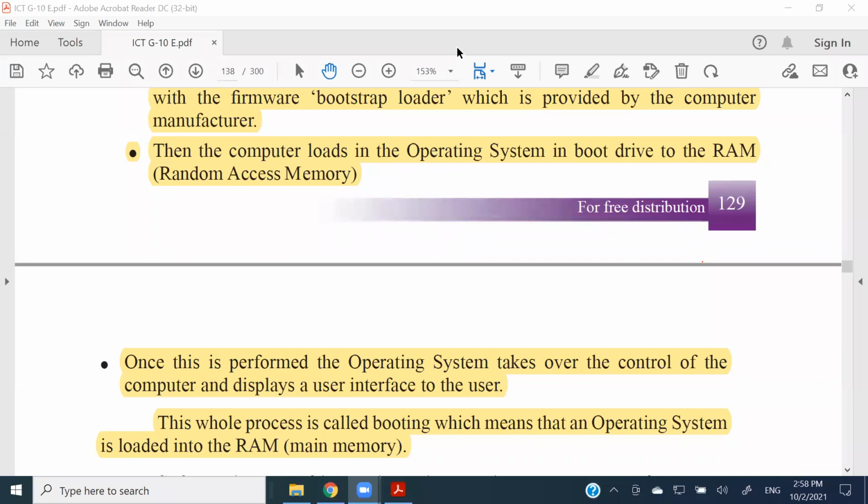Okay, are we done? Okay, anyone still writing this?